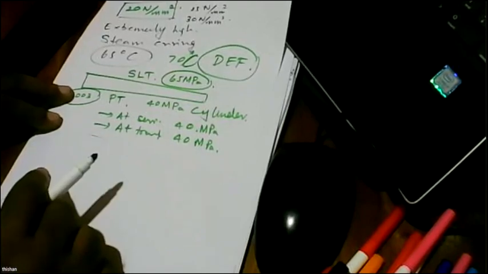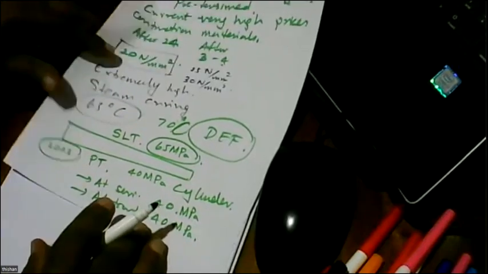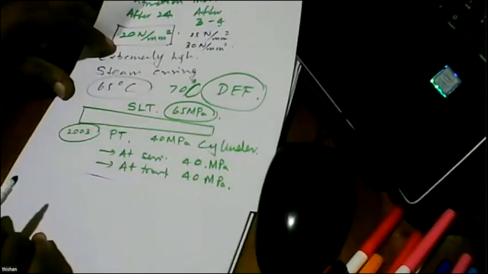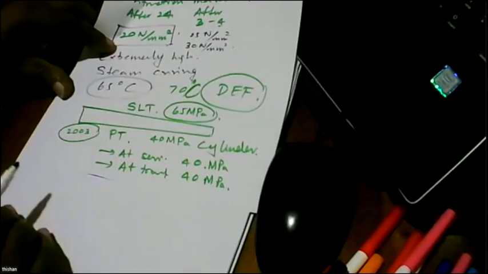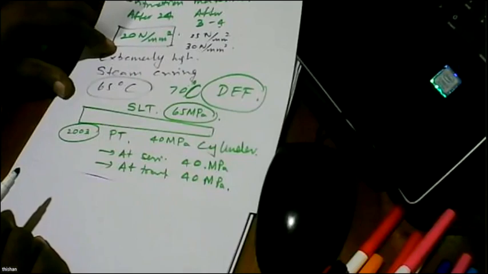And also, especially if you are a consultant to a project, you have to be extremely careful, because you are going to create a lot of problems for the casting yard unless you have a good understanding of concrete technology.